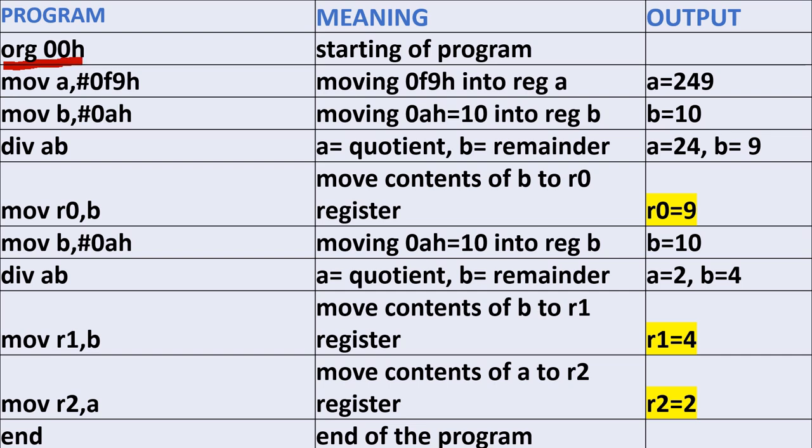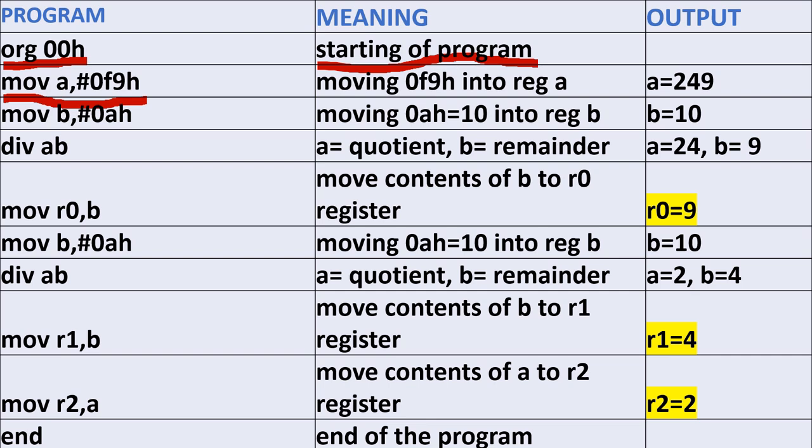The first line of the program is ORG 00H, which indicates the starting of the program. ORG is the origin directive, which is used to indicate the start of the program. At the starting of every assembly language program, we need to write this ORG directive. Now the next is MOV A, #F9H.